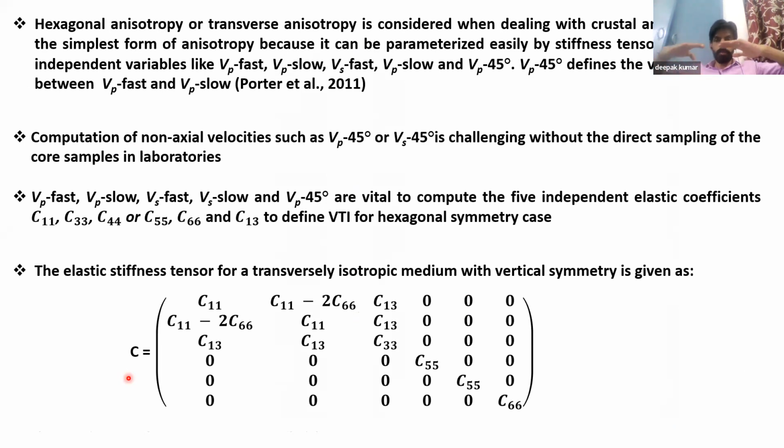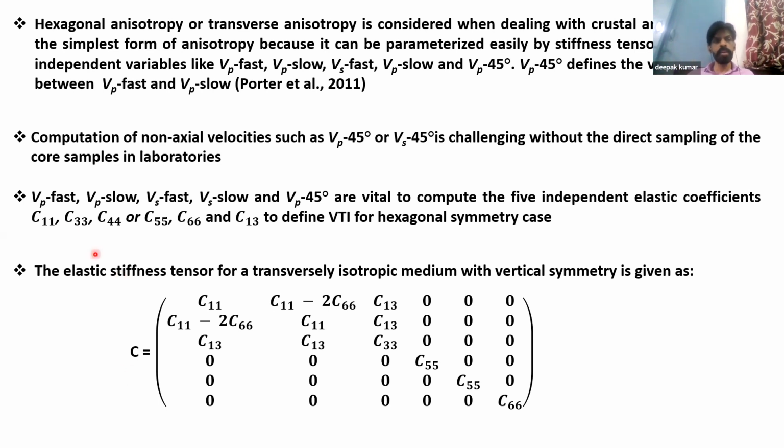Now see what happens. There are many layers on top of that. Suppose there are 3-4 layers like this. If a ray passes through this, obviously this whole structure will act as anisotropic in nature. Transverse isotropy with vertical symmetry is the most common type of anisotropy present in the subsurface, or we call it hexagonal anisotropy also.